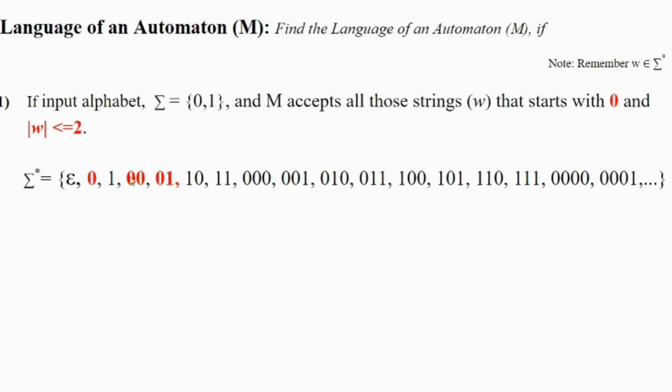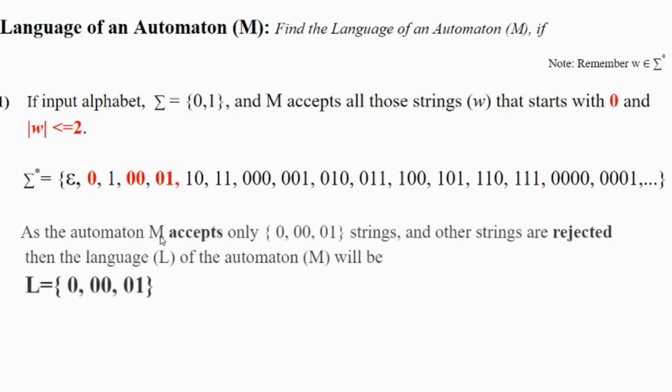So only this string, this one and this one will be accepted because they are fulfilling both conditions. The first condition is that the string must start with 0 and the length should be less than or equal to 2. Because M is accepting only these 3 strings and other strings are rejected, its language L will consist of these 3 strings: 0, 00 and 01.